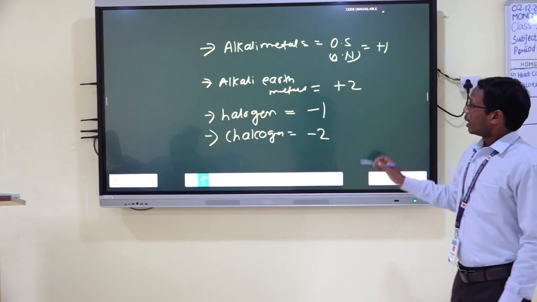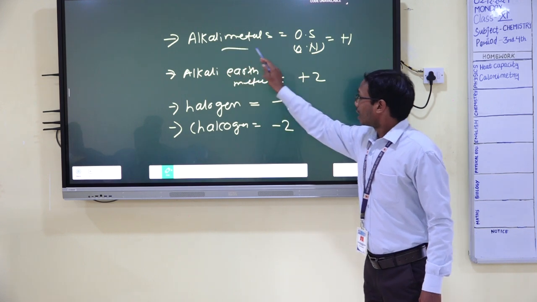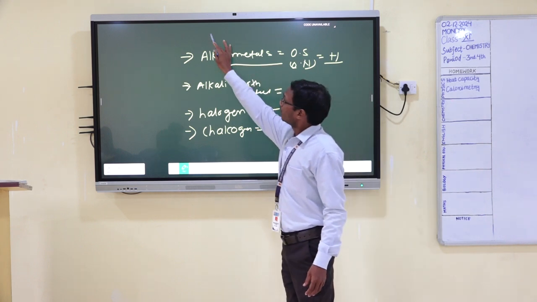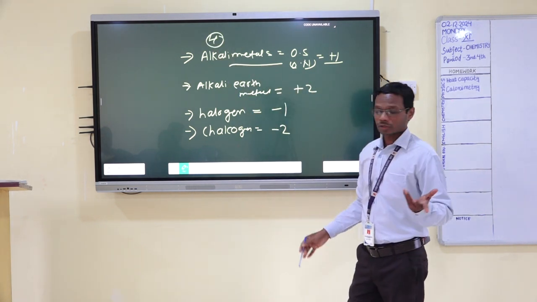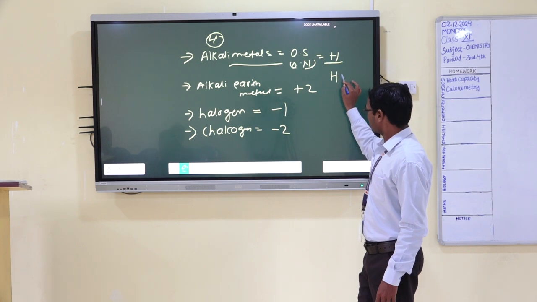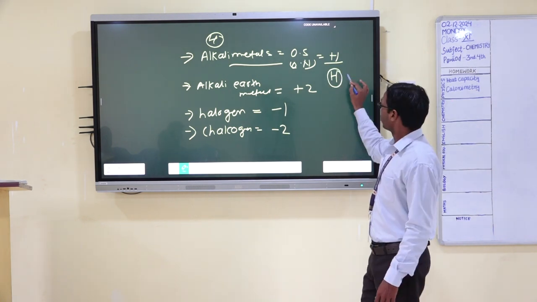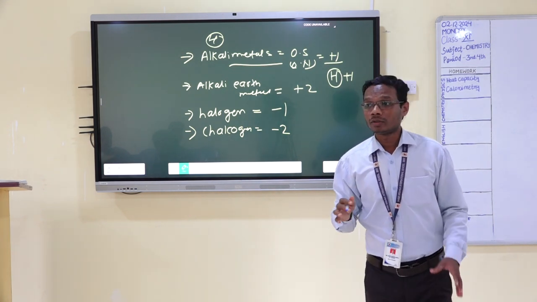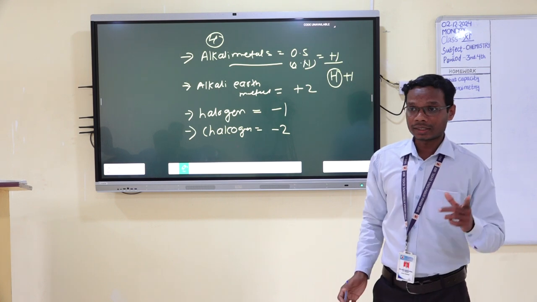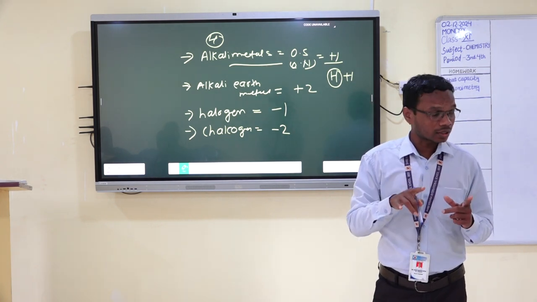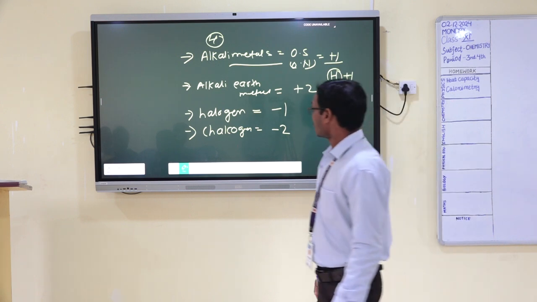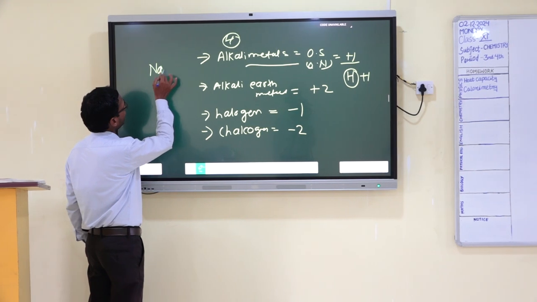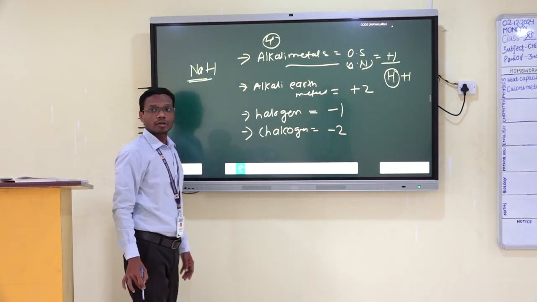What are the exceptions? As you know, alkali metals have +1 oxidation state, and we know in the periodic classification hydrogen is in this group, and the charge of hydrogen is normally +1. But the exception is when hydrogen combines with a metal, forming a metal hydride. At that time the oxidation number or charge of hydrogen becomes -1. Why? Look, this is the normal concept, but if we consider NaH, this is a metal hydride, sodium hydride.